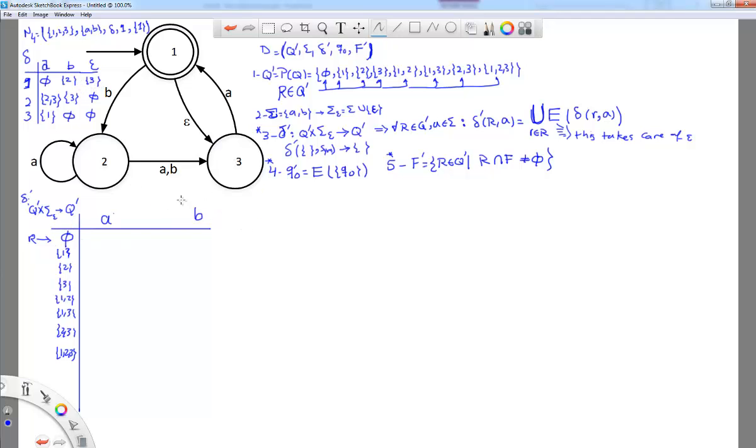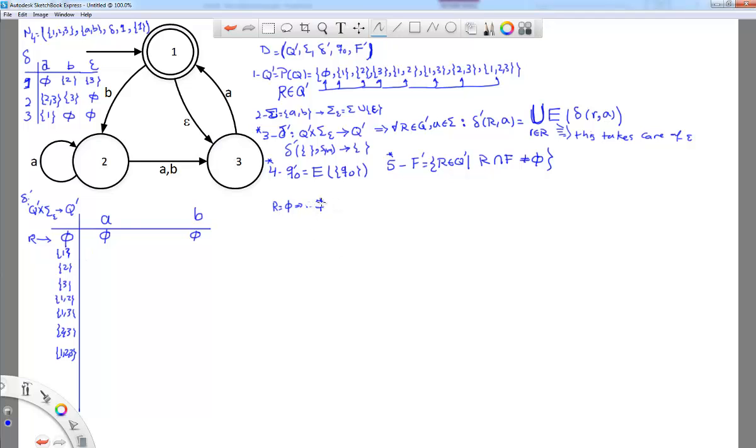So first off, let's see what happens with phi. If R is equal to phi, then R will be basically nothing, right? So we're going to see what happens if we pass phi into the delta prime. Since we don't have any states in phi, with both A and B, we're going to go to phi.